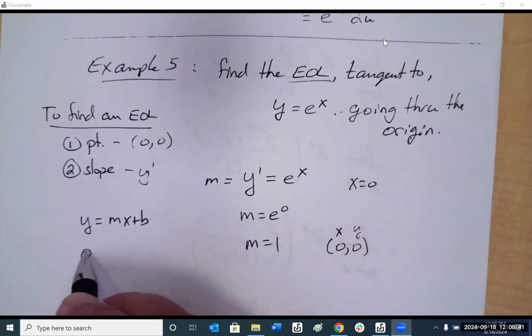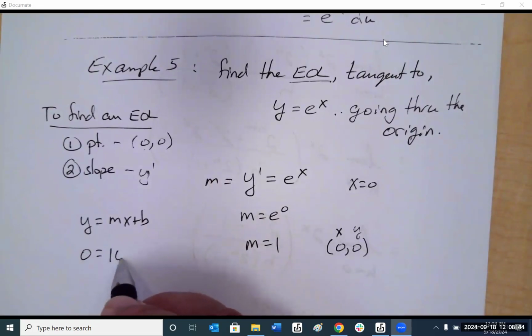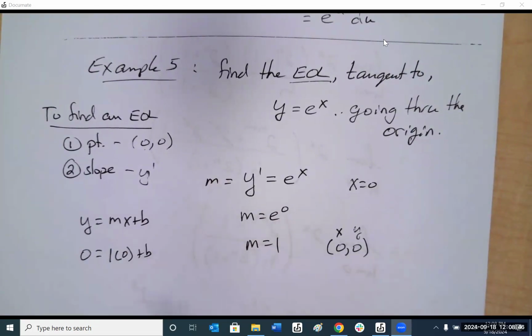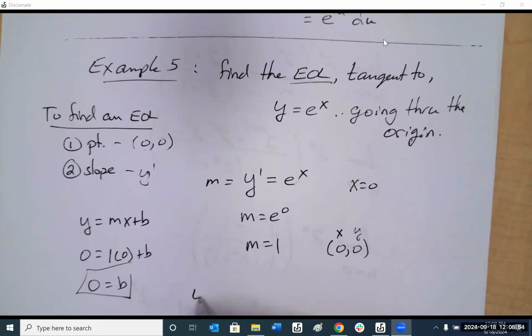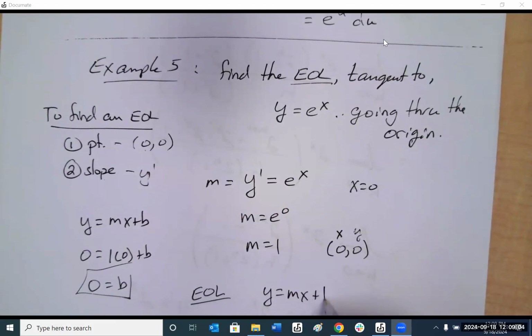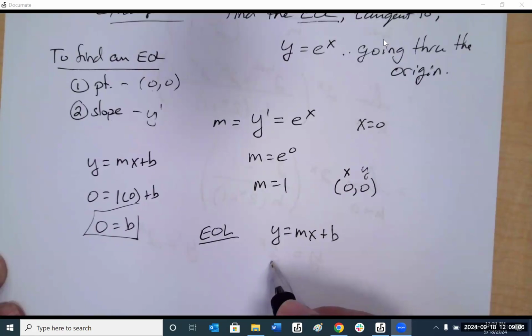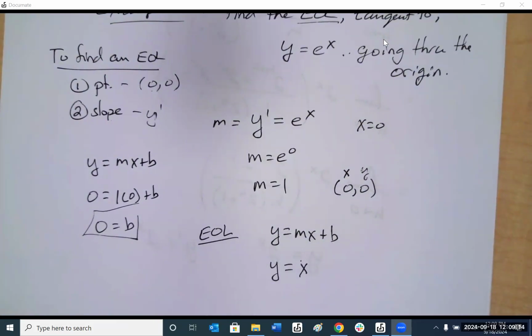We have an m. So we have 0 equals 1 times 0 plus b. So b is equal to 0. So the equation of the line, the slope is 1 and the y-intercept is 0, is y equals mx. It's simply the 45-degree angle line.